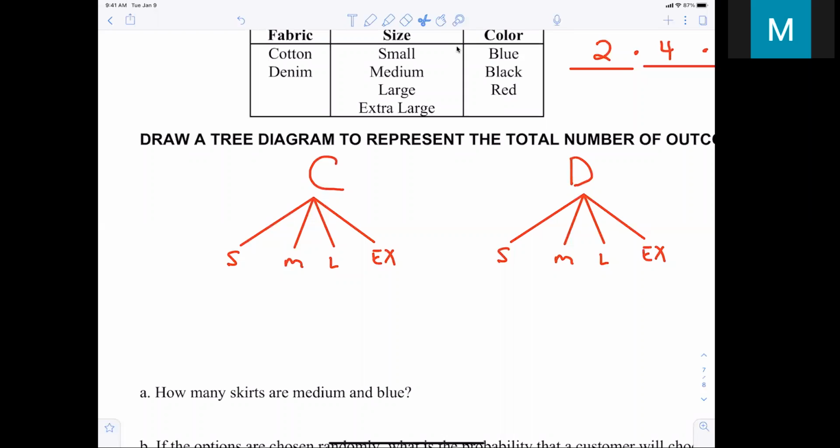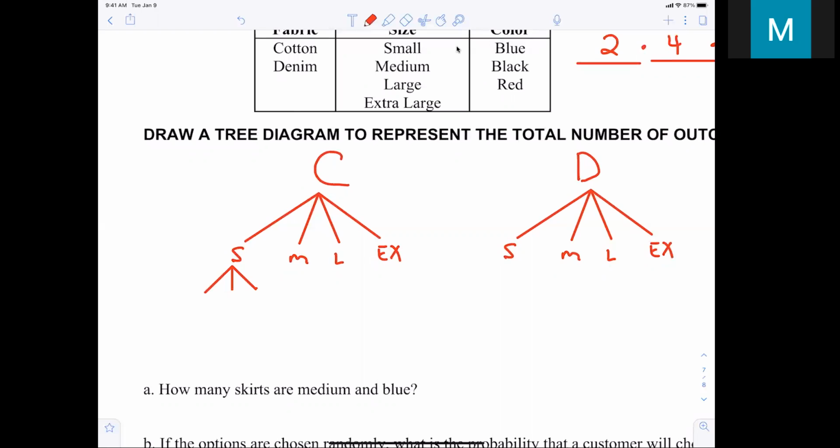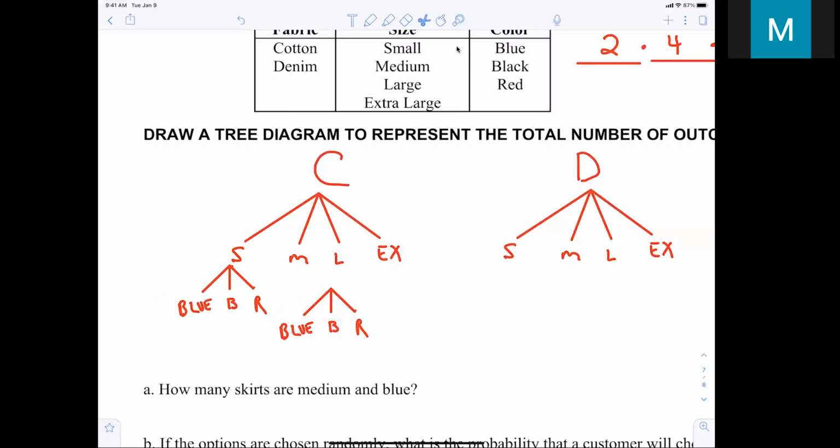So now we're going to come down, and each branch here has to be done what? 3, right? So I want blue. And I'm just going to spell blue. And then black. And then red. And then copy. And then paste.